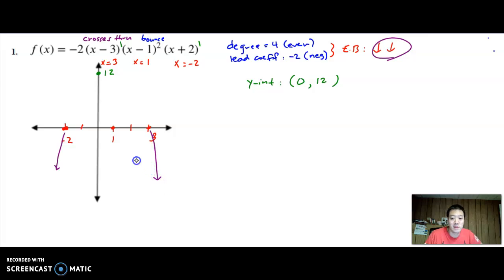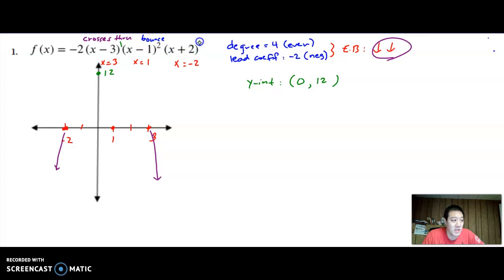Now at negative 2, please make sure you're looking at the correct factor. One mistake I see every year is that this is the leftmost x-intercept, so they automatically look at the leftmost exponent. No. This is negative 2, so make sure you look at the factor of x plus 2.